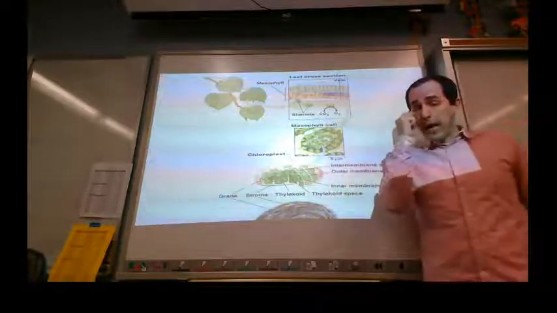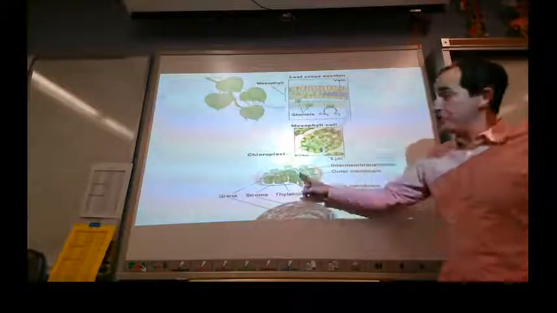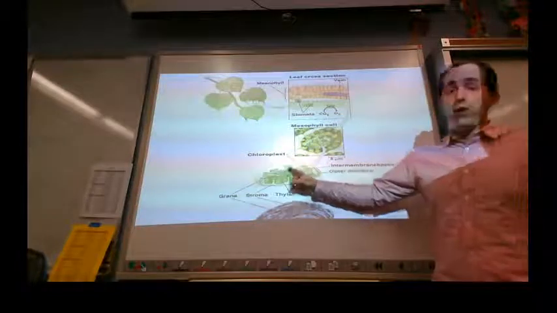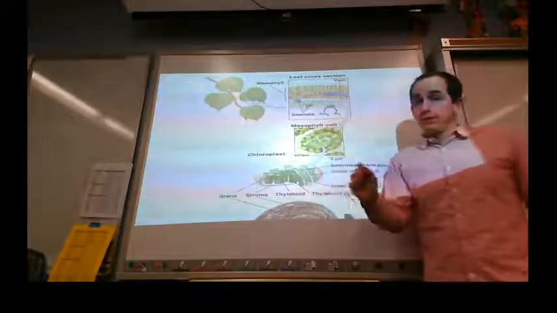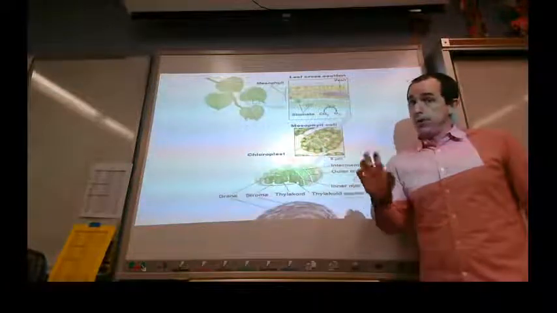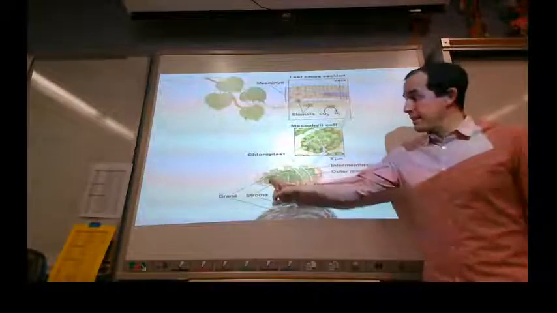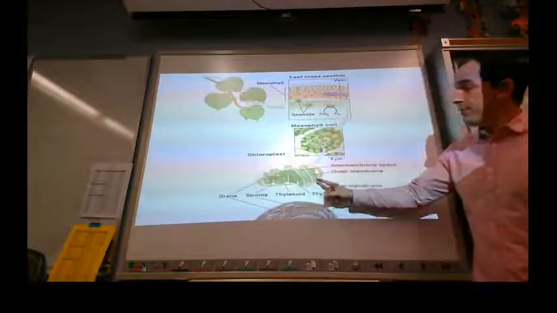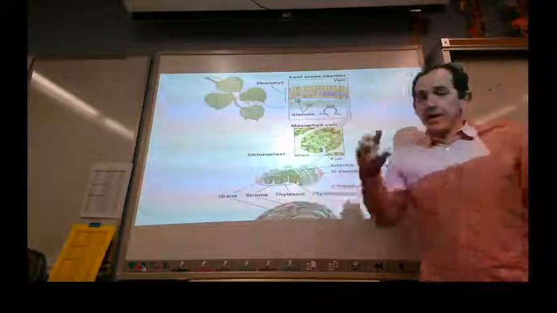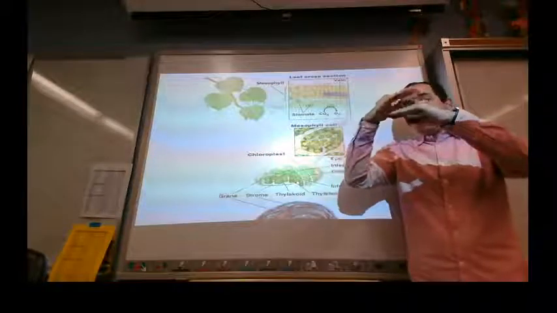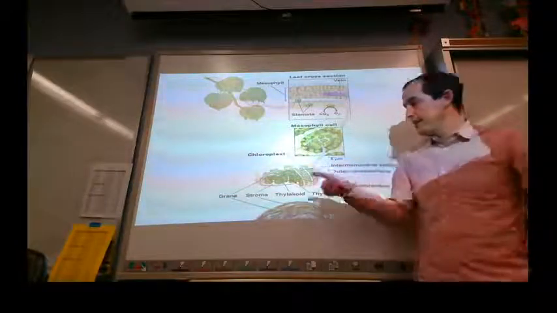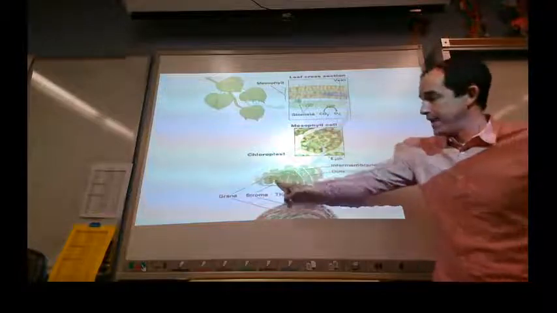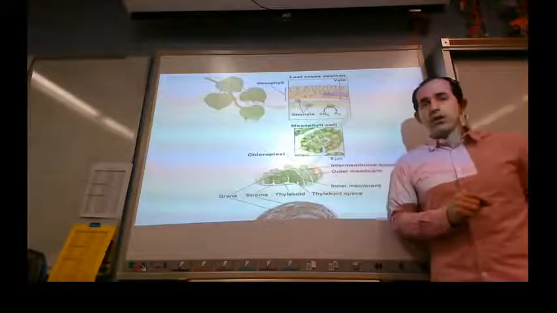What it also has is a super-duper folded inner phospholipid bilayer with proteins that makes up these structures on the inside. So we have an outer membrane, and then we have all of these sandwiched sacs or pancakes that we call thylakoids that make up the inner membrane of the chloroplast.